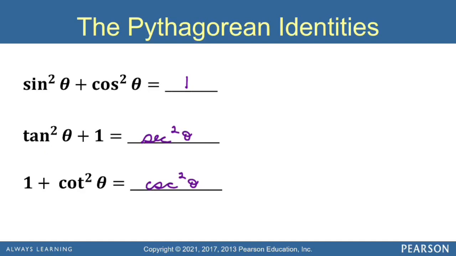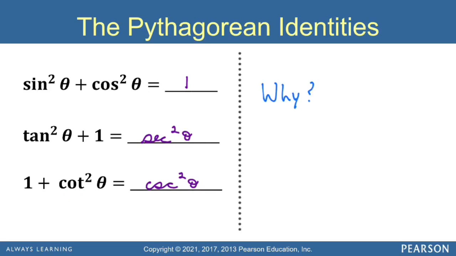And so if you can just remember that tangent squared and cotangent squared both belong on the left side of their identity with the plus 1, then you'll know that on the other side of the equal mark, you'll either have secant squared or cosecant squared. And the secant squared goes in the same identity with tangent squared, and the cosecant squared goes in the same identity with cotangent squared.